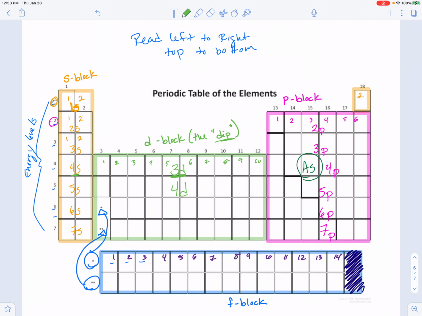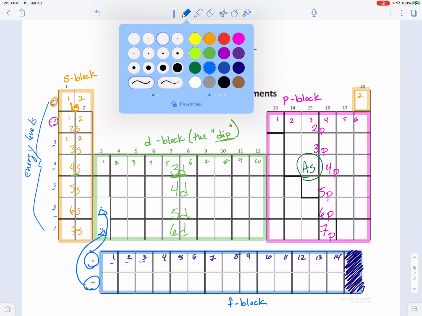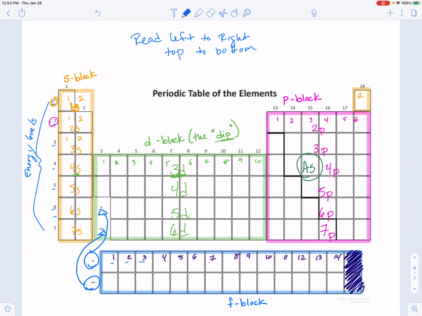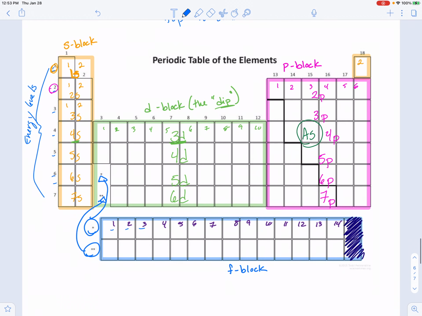This is going to be 4D, this is going to be 5D, and this is going to be 6D. And then just for extra fun, if you take a look at your notes, you'll notice that the F block doesn't start until the 4th energy level, so this is technically 4F, and this is 5F. And if you're looking at your periodic table really closely at the atomic numbers, you'll notice that this whole row actually belongs here because it should go 57, 58, 59.